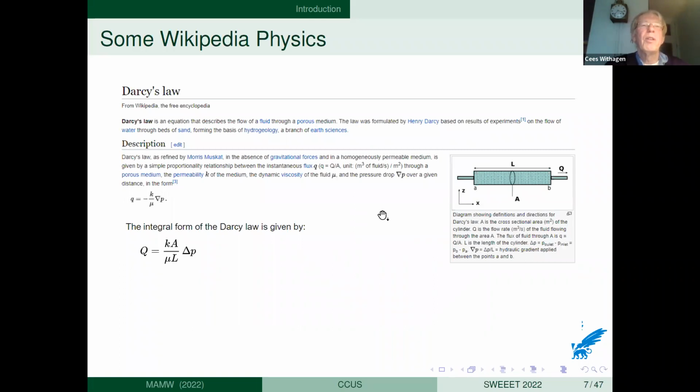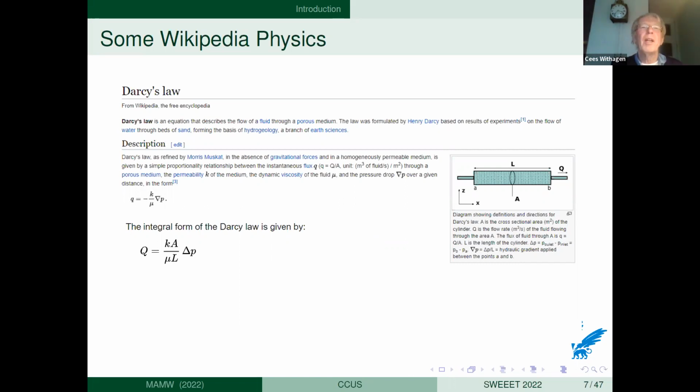So an important role in this is played by Darcy's law. And Darcy, maybe I should say Darcy. Darcy was a French engineer who was the manager of the fountains in Dijon. And what we learn from Darcy is an important law.